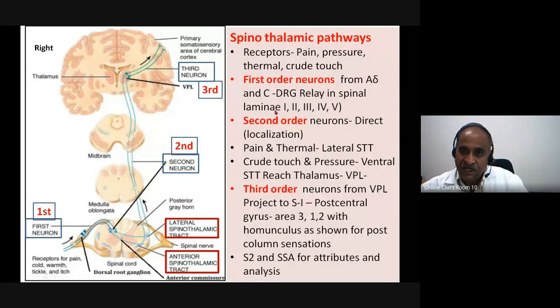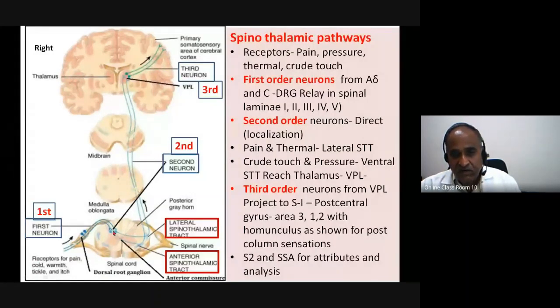They relay in the spinal cord. I mentioned laminae 2, 3, 4, 5 because I have put all the sensory modalities; it is only 1, 2, and 5 in case of pain, and 3 and 4 in case of touch, cold or warmth. So I have included all types of sensations.